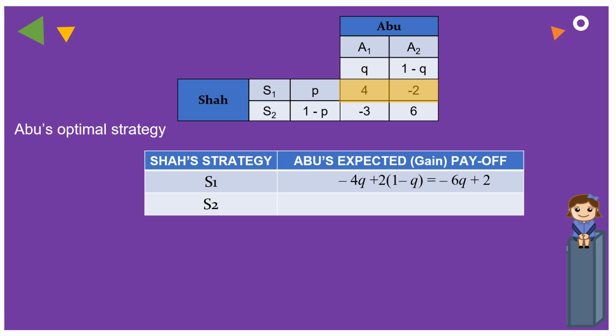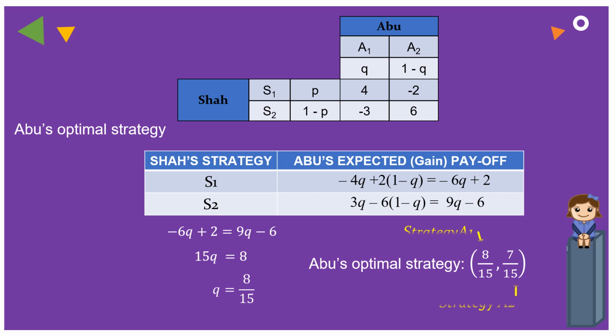If Shah plays S2, the expected gain of Abu is 3q plus -6 times 1 minus q, which gives us 9q minus 6. Equalizing, solving, q is 8/15, thus Abu's optimal strategy is 8/15 and 7/15.